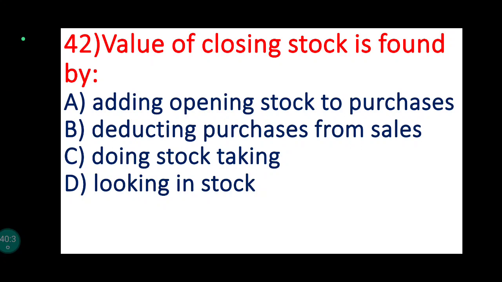So the only way is by stock taking after the business of the last year. By stock taking is meant that making a list, just making a list of all the unsold goods and then finding out their value. So the value of the closing stock is found by, here answer is doing stock taking. Okay.